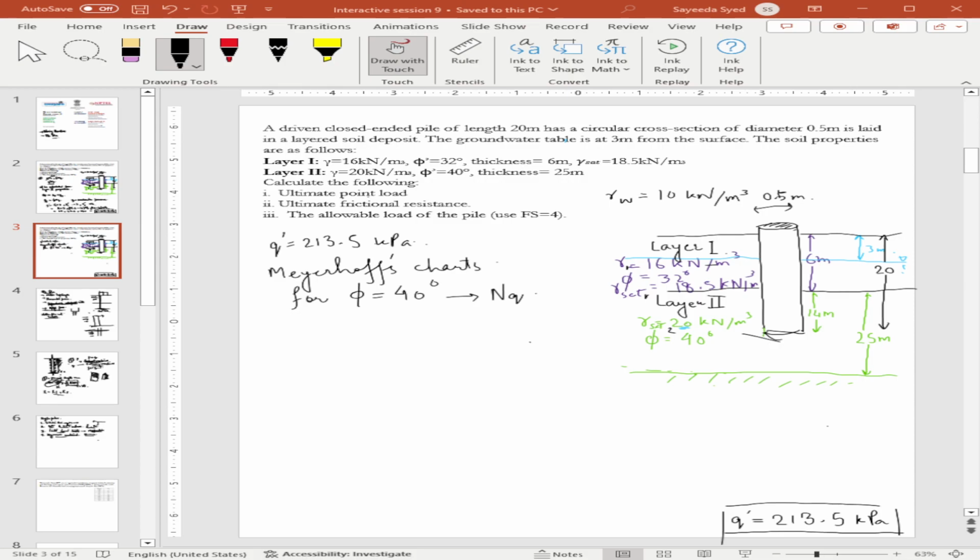Okay, so Meyerhoff has given this kind of failure envelope for end bearing resistance. Let me draw it again.